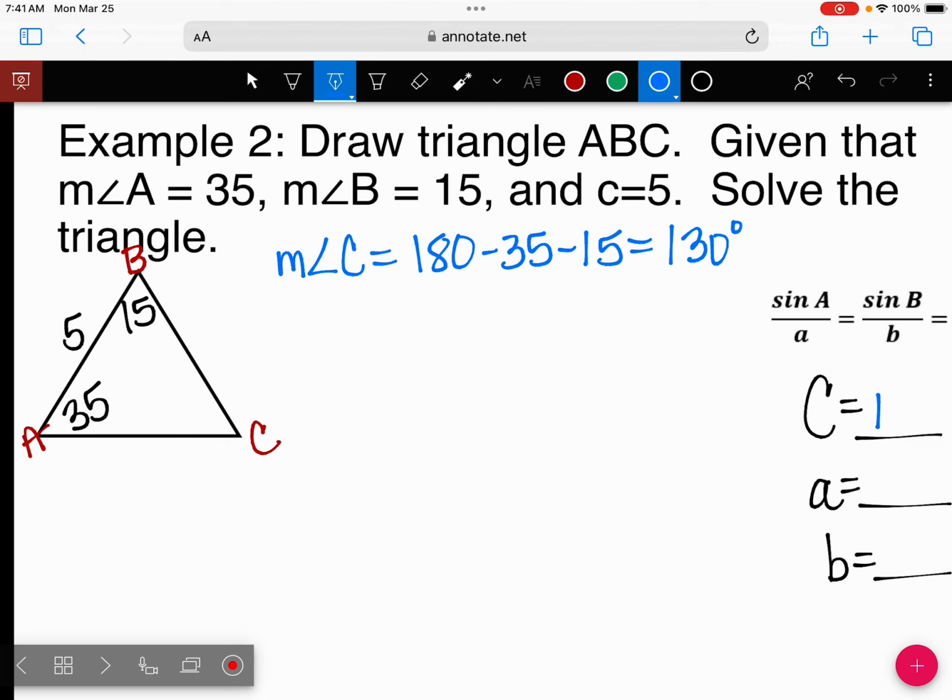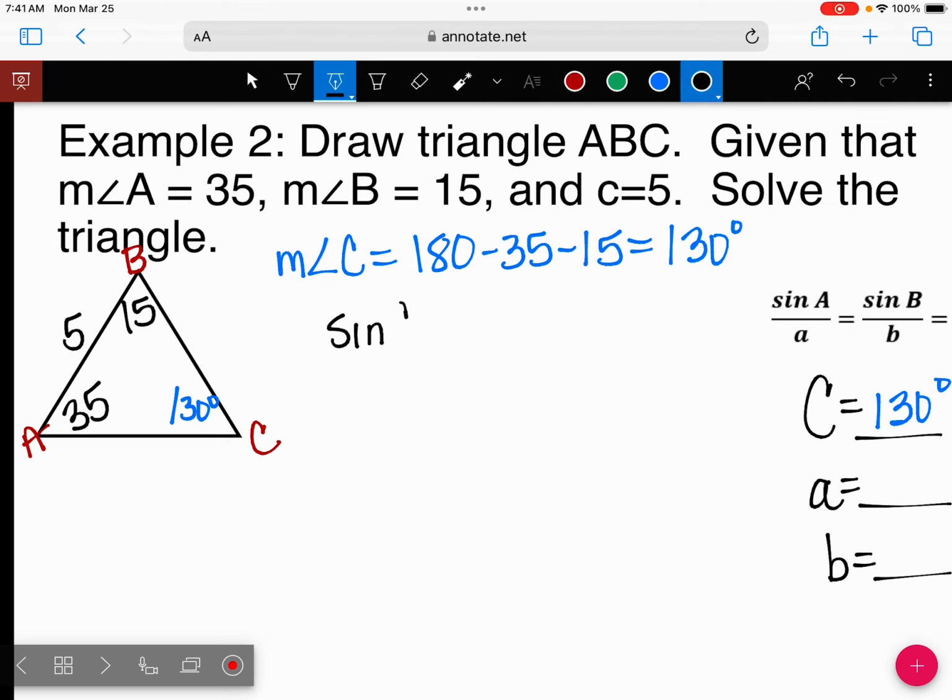All right, who got 130 degrees? Okay. So this is an obtuse triangle, so my triangle is not really accurate because I just drew an equilateral triangle, but that's okay. So now that I know that this is 130, I can use the law of sines.